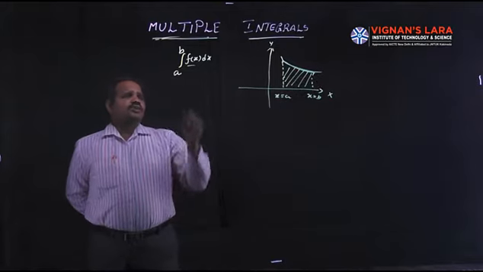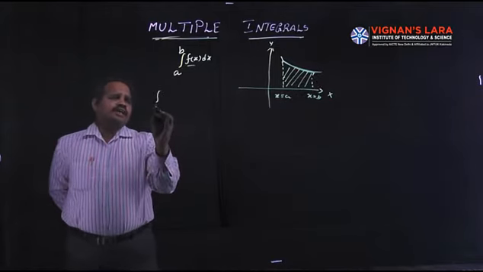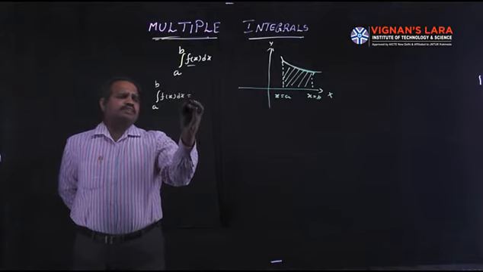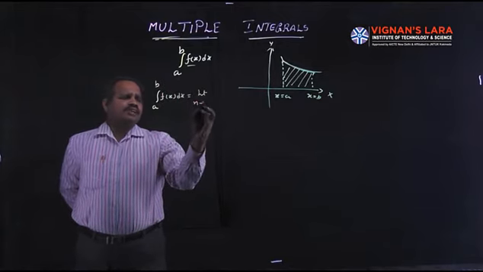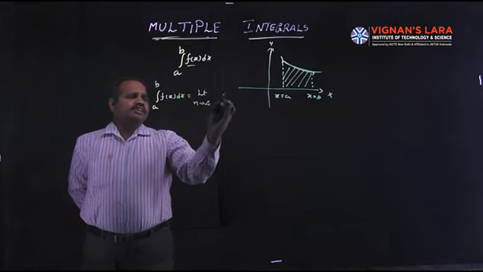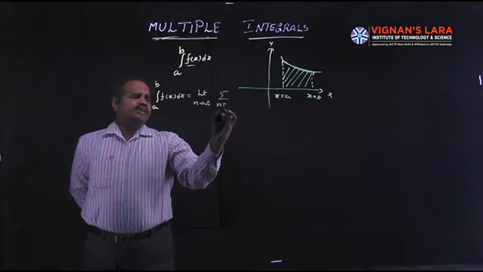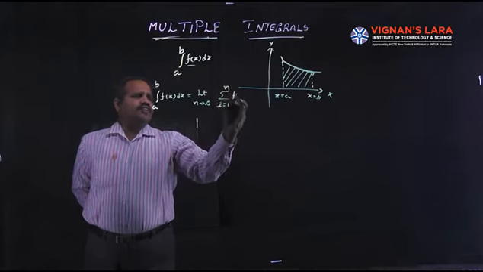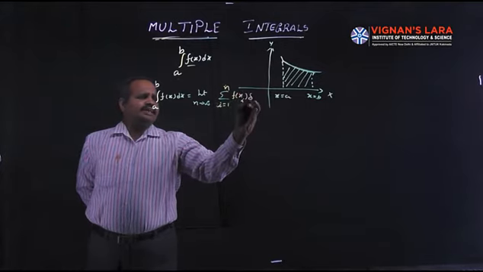Integral a to b f of x dx can be written in the general format as limit n tends to infinity, sigma i equal to 1 to n f of xi delta xi.